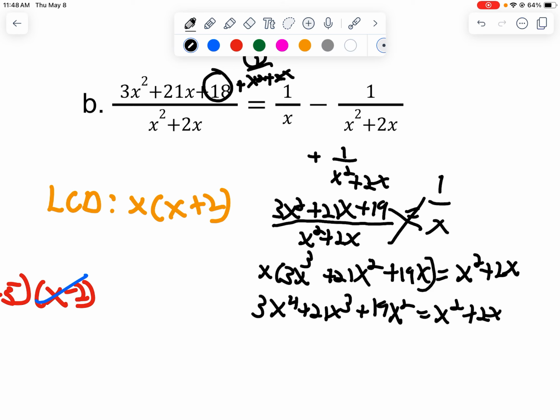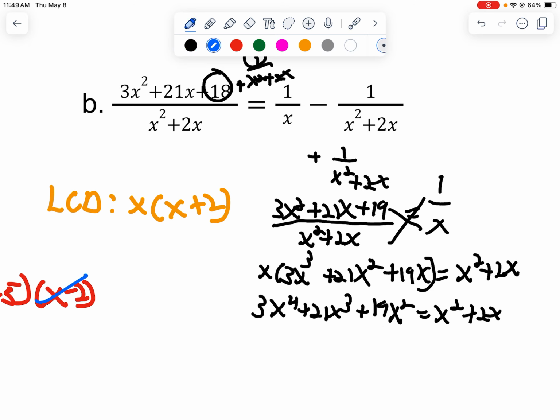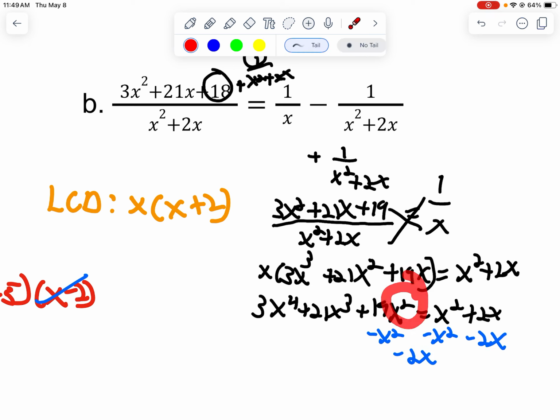Okay, so I'm going to distribute in the x. That's where these terms came from. Equals this. So I gotta go slower because I think I was going to screw it up. I'm going to subtract x squared from both sides. I'm also going to subtract 2x from both sides, and there's no x over here on the left, so that just means it's going to be minus 2x.